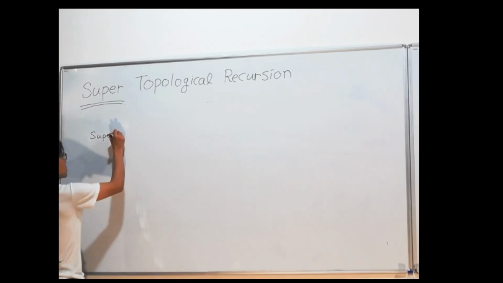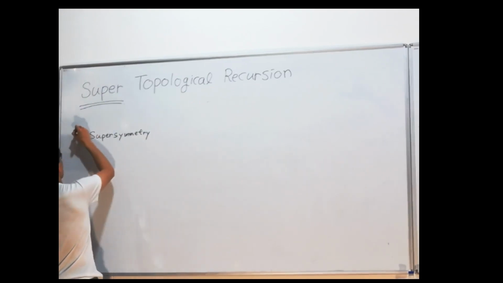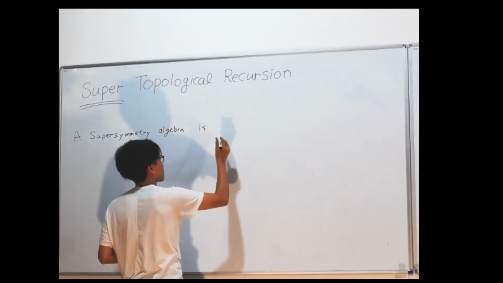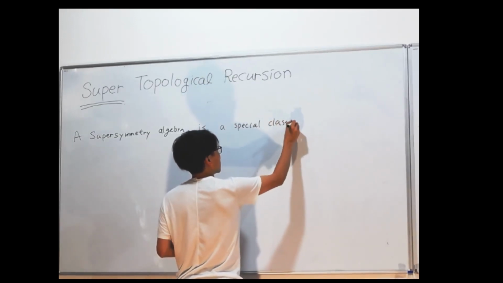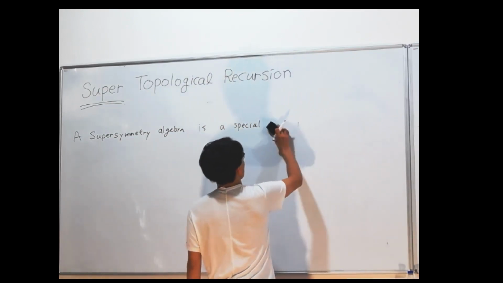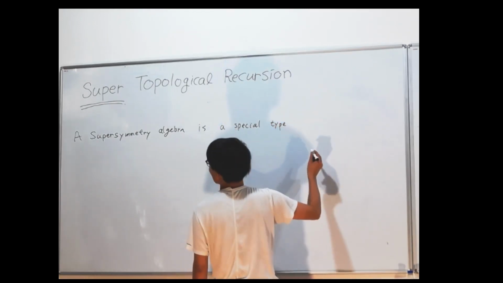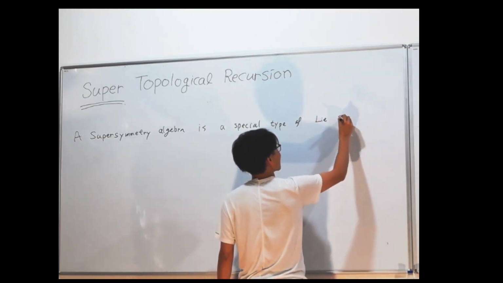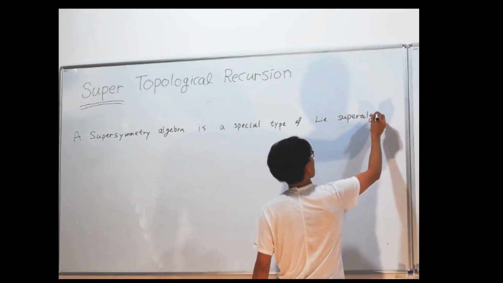More like a comment: a supersymmetry algebra is a special class of, I don't know if class is a good word, to be honest. Type, maybe? I'm not a native speaker. A special type of super algebras.